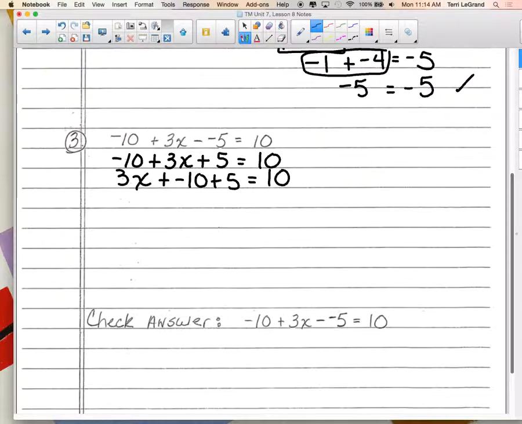Okay, we've rearranged. Do we have any like terms? Yes, we do. What are they? Negative 10 and 5 are like terms. So we have 3x plus what? Negative 5. Negative 10 plus 5 is negative 5. All of that to get our equation ready to solve.